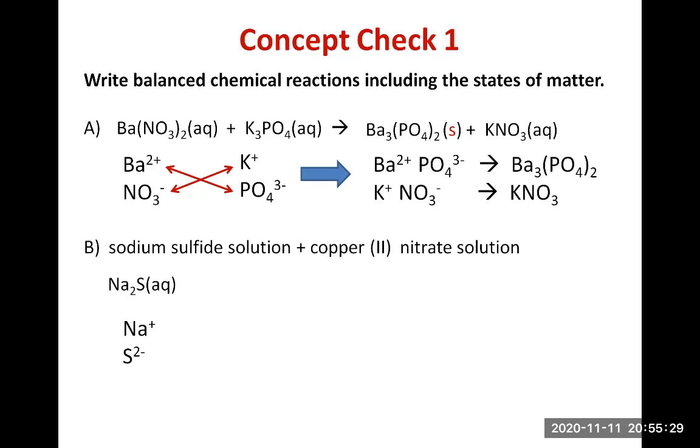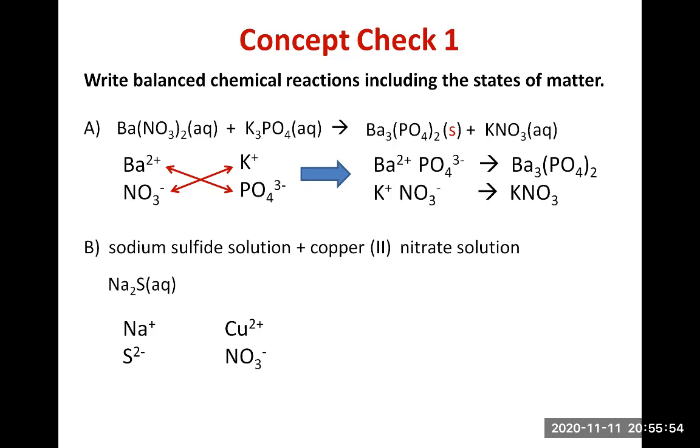Plus copper(II) nitrate. So copper(II) indicates that it's Cu2+. The Roman numeral here tells you the charge on the metal. Nitrate is one of those polyatomic ions you need to learn. It's NO3 negative 1. So together, Cu2+ and NO3 minus 1.